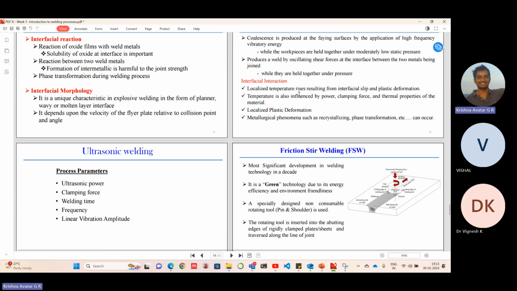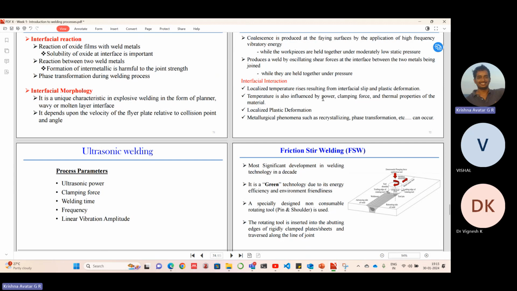Localized temperature could also result from interfacial slip, and from the movement of grain boundaries, which leads to the creation of plastic deformation.